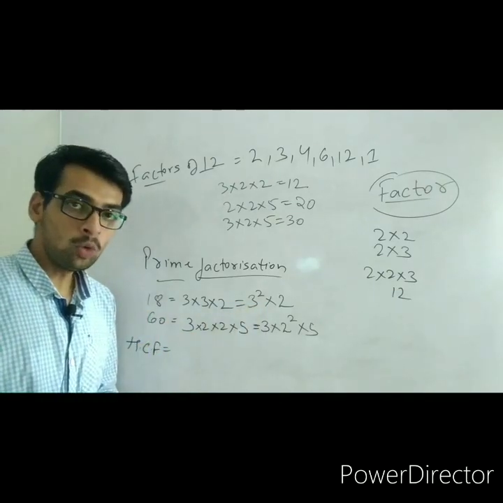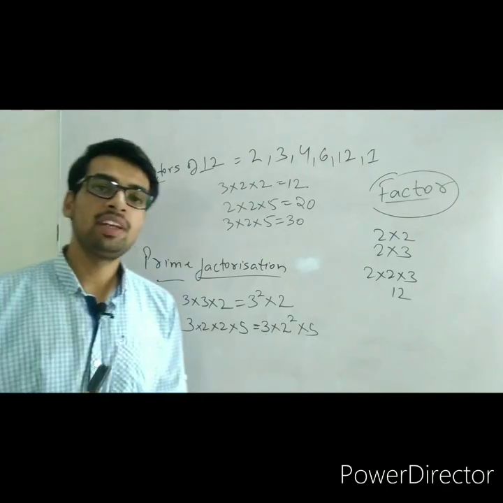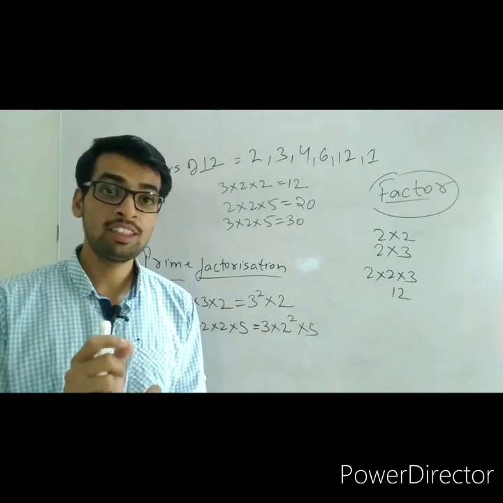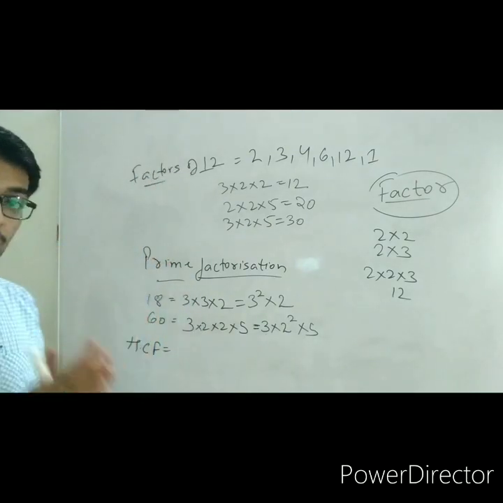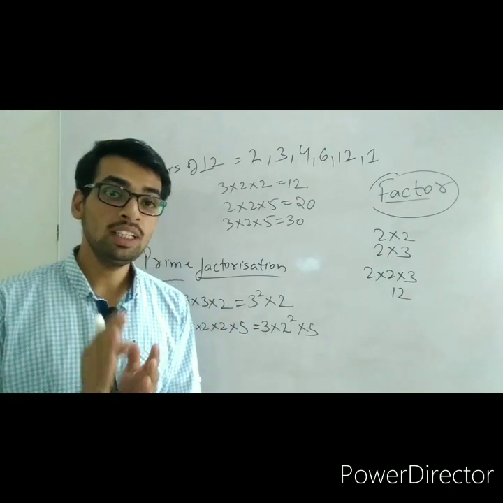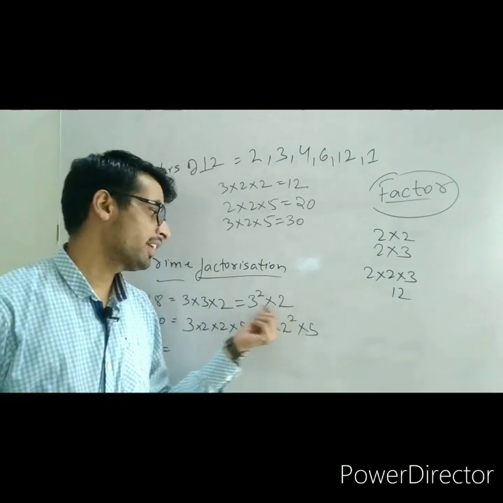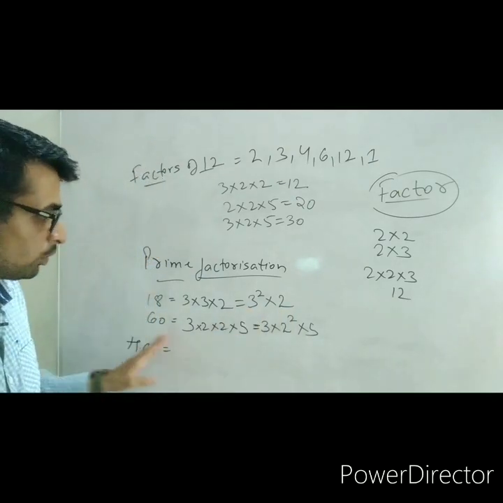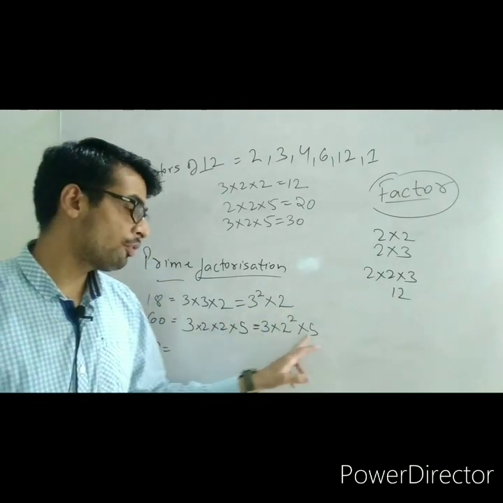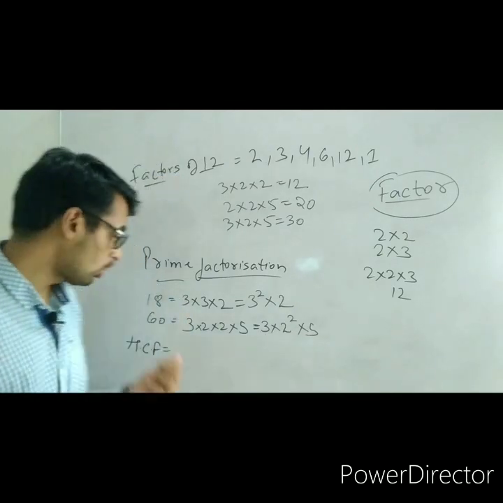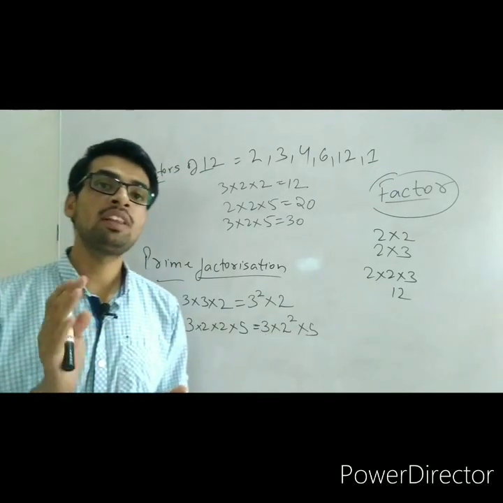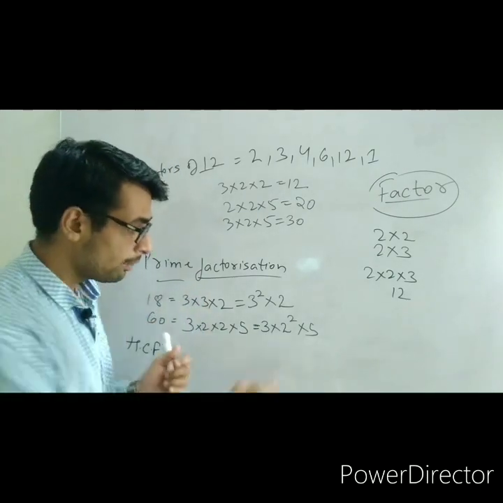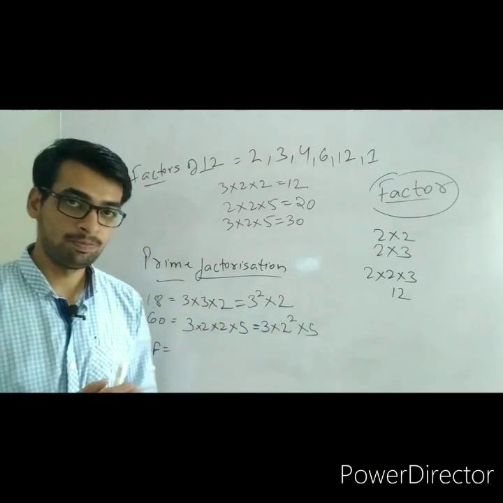Other than 3 and 2, for example 7, 11, 13, we cannot say that they are factors of 18, because they are not present in its prime factorization. In the same way, only 2, 3, 5 are the prime factors of 60, not 7, 11, 13, 23, 29, because those numbers are not coming in its factorization.